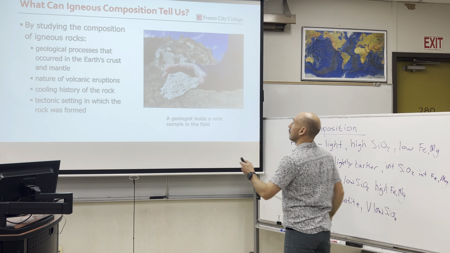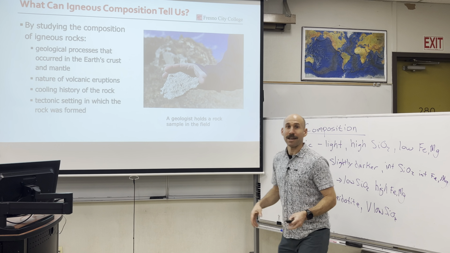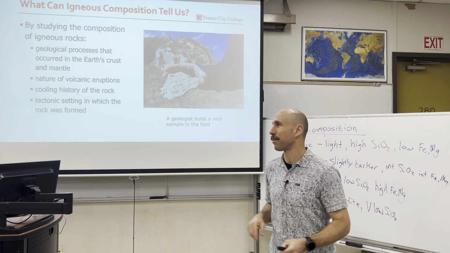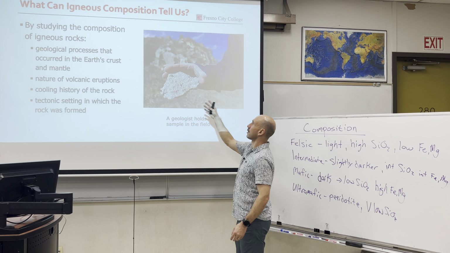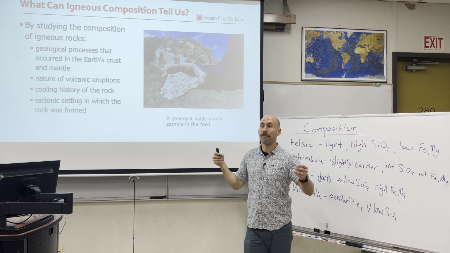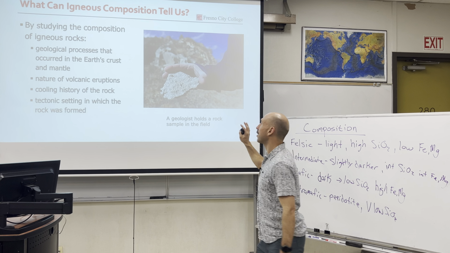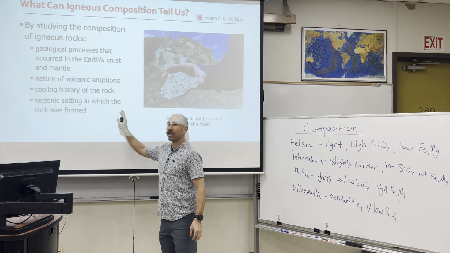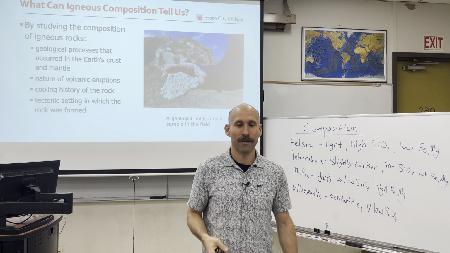So, igneous composition. I was going to do a conclusion, but I'll save it because we want to talk about what this tells us. This tells us the geological processes occurring in Earth's crust and the mantle. It tells us about the nature of volcanic eruptions, the cooling history of the rock, and we can also figure out the tectonic setting in which the rocks were formed.